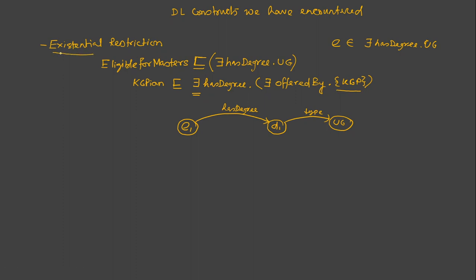So this is one very important construct in description logic. Like we have this existential restriction, we have the other restriction, the universal restriction. And we also had several examples of universal restriction.